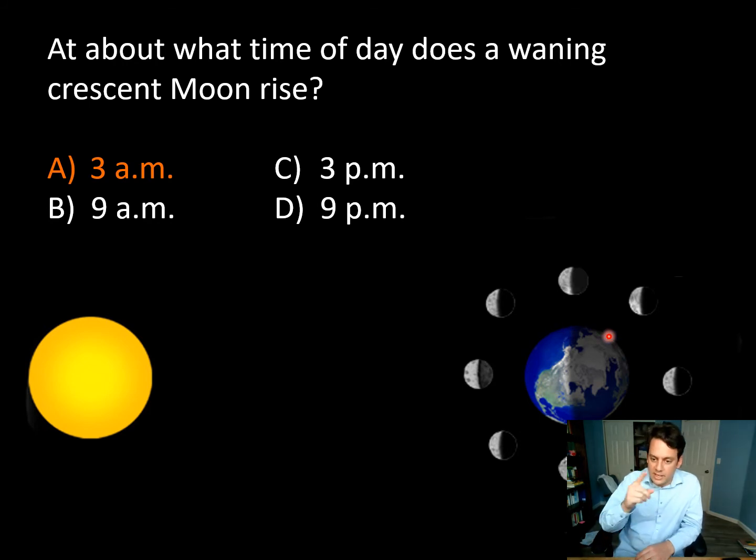The Earth is rotating counterclockwise, remember. So when you rotate up, you start here at midnight, this is about 3 a.m., this is 6 a.m., about sunrise, and if you kept going, this would be 9 a.m., and then 12 noon. So the question is, somewhere between midnight and noon, where do you first see the waning crescent moon?